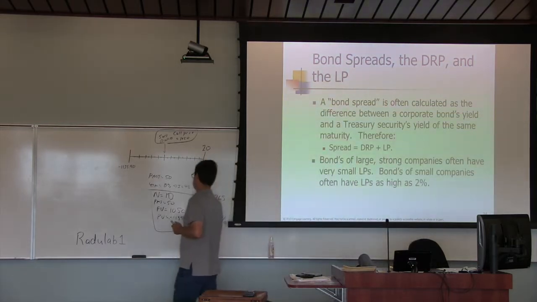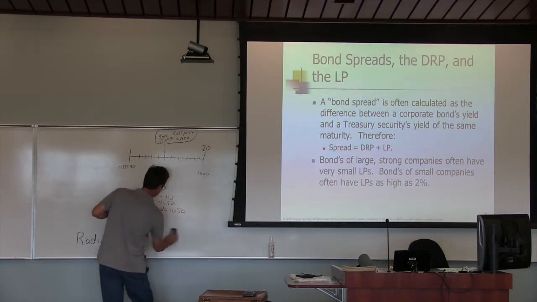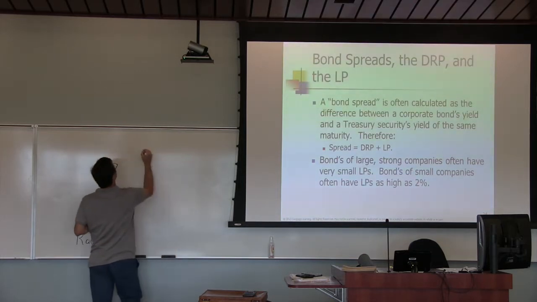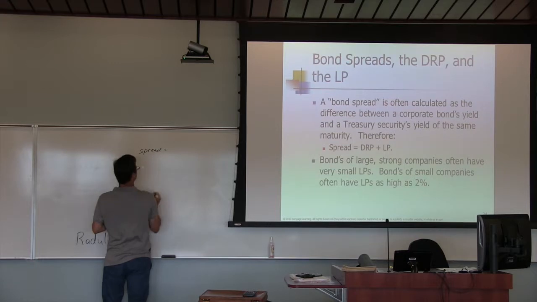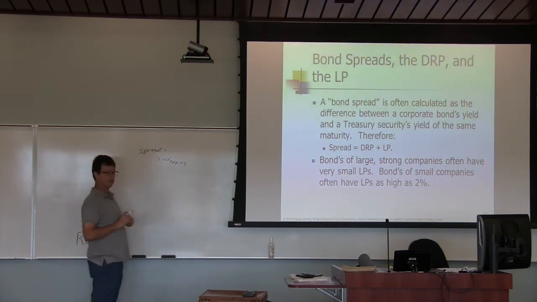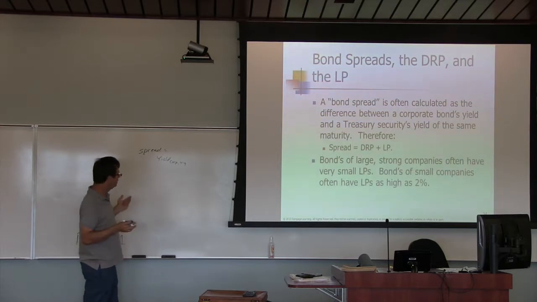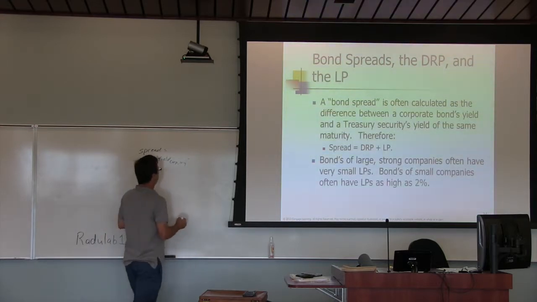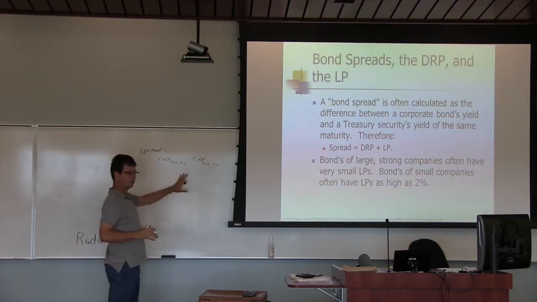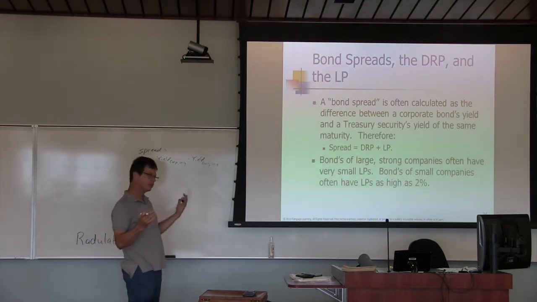So essentially, let's just say that we take the yield on a corporate 10-year bond, maybe a bond index, just to make it more broad, and you just subtract out of that the yield on the government 10-year.